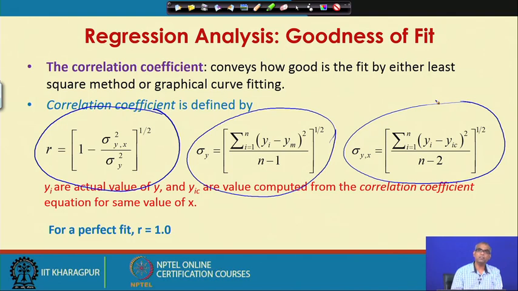For a perfect fit, the value of correlation coefficient R will be equal to 1. If the value is very close to 1, the goodness of fit is high. So, the fit is good when the value of the correlation coefficient is close to 1.